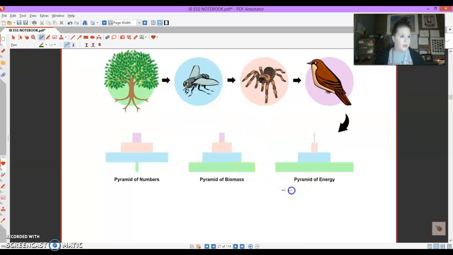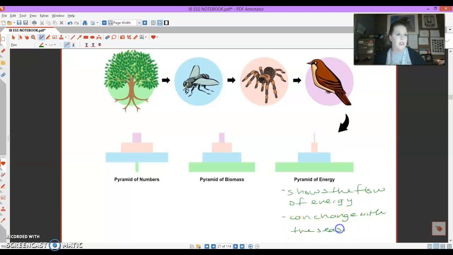So this shows the flow of energy. Okay. And what's important to know is this can change with the seasons. Right now, we are getting ready to enter into winter, so that's going to impact, at the very least, the producers, because a lot of our trees are going to be losing their leaves. So it can change with the seasons.